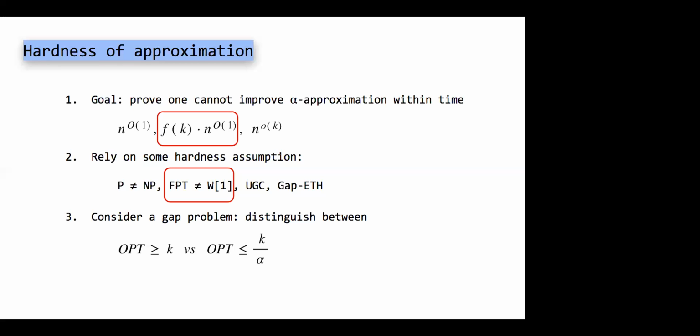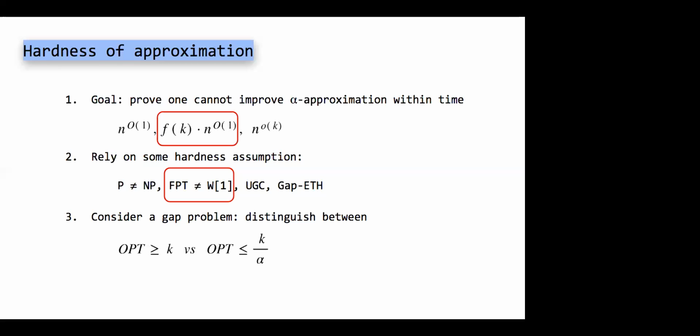You can see that if we had an alpha minus epsilon approximation, then we could use this algorithm to distinguish between these two cases. So hardness of a gap problem implies hardness of approximation.